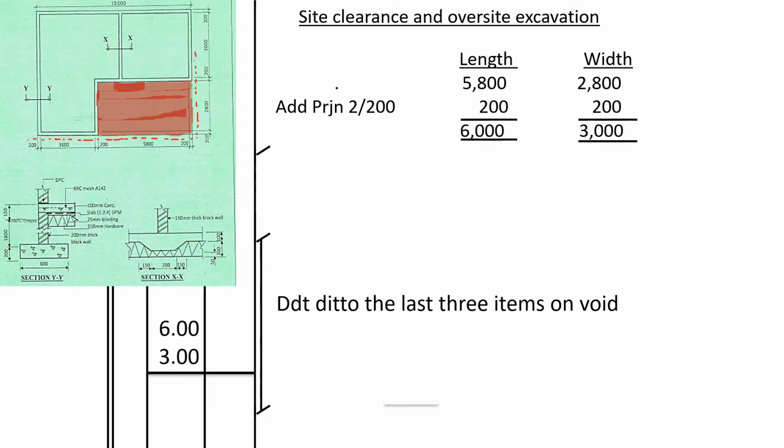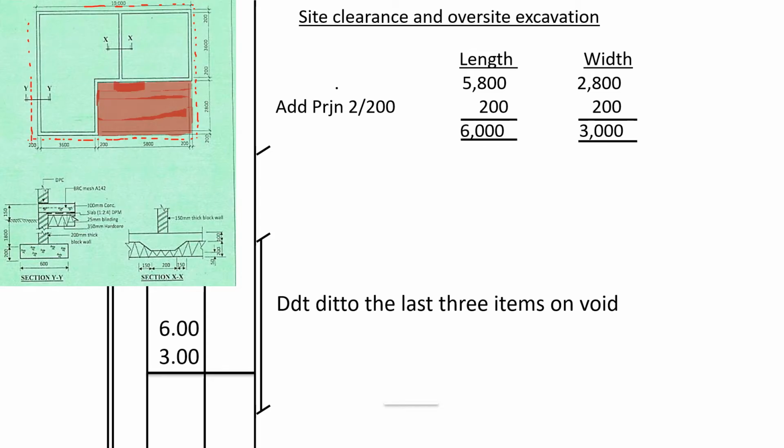We deduct the wall 200, we divide by the two sides, the internal and the external, and that is how we have been able to measure for the site clearance, because in site clearance we have to include that part whereby we are excavating in the foundation.